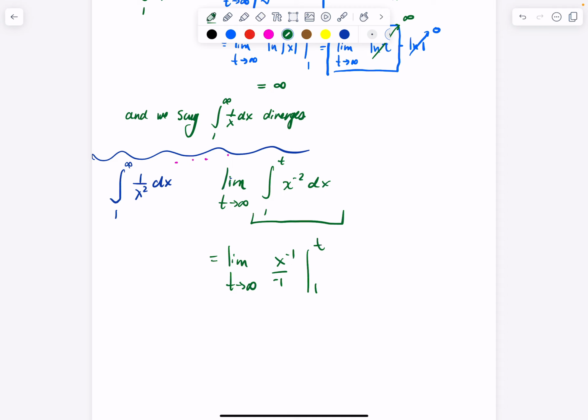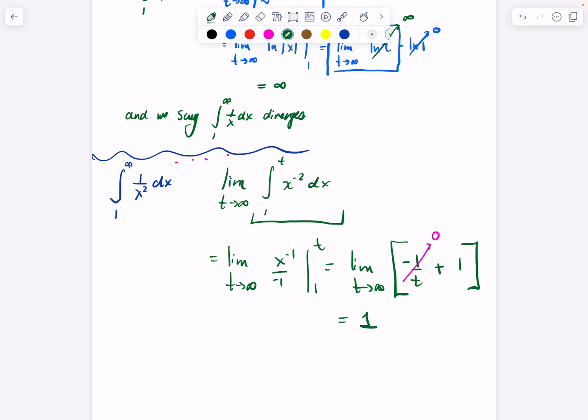So again, we plug in our values, still not ready to take the limit. So this is negative 1 over t minus negative 1, right? And now as we send t off to infinity, this thing goes to 0, and we are left with a non-infinity, an actual number, 1.